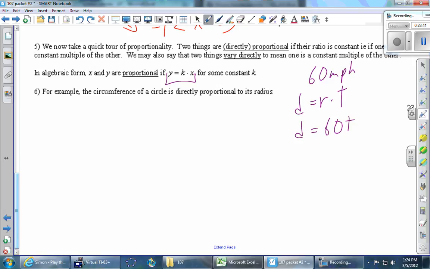Eliza? Anybody remember the formula for circumference of a circle? Something with what? Pi squared. We'll put pi there. R squared?